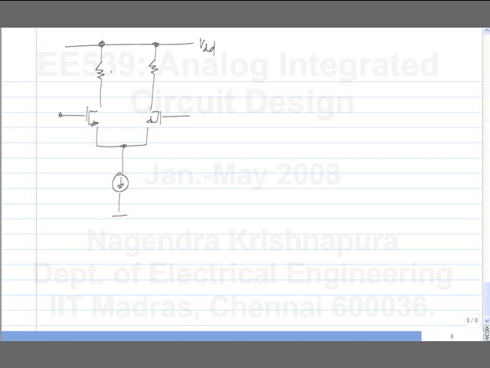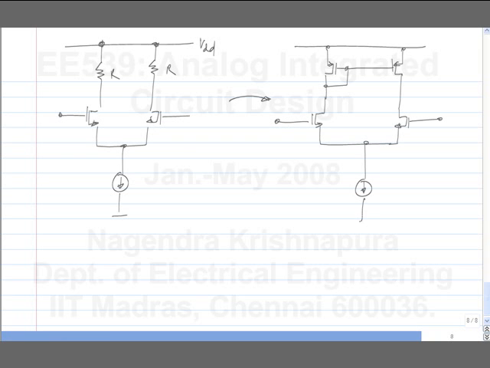And from this we went to this one, okay. So, this was giving a much larger impedance than this. Okay. That's why we put that transistor M4 there, and then of course biased it appropriately.